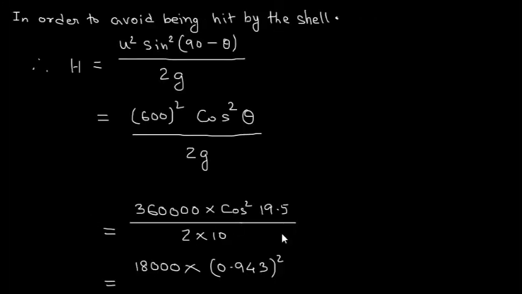In order to avoid being hit by the shell, h is equal to u square sine square 90 minus theta upon 2g, which is equal to 600 square cos square theta upon 2g.